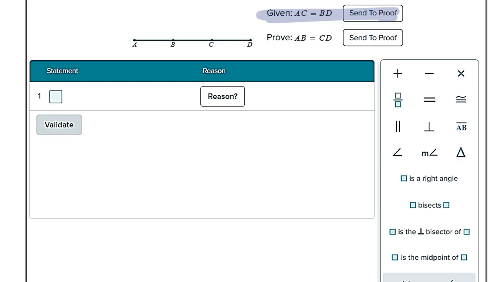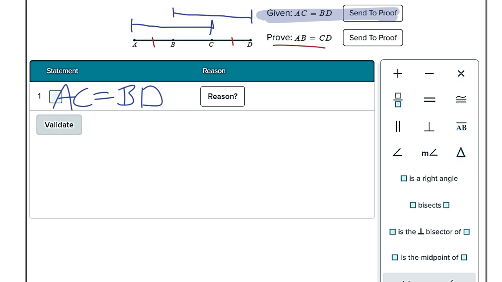Or if you're doing it by hand, you're just going to say, well, AC is equal to BD. And I like to write that in my proof, or in my picture. I know that this length is going to be equal to this length right here. So those two lengths are equal. We're trying to end up showing that that is true.